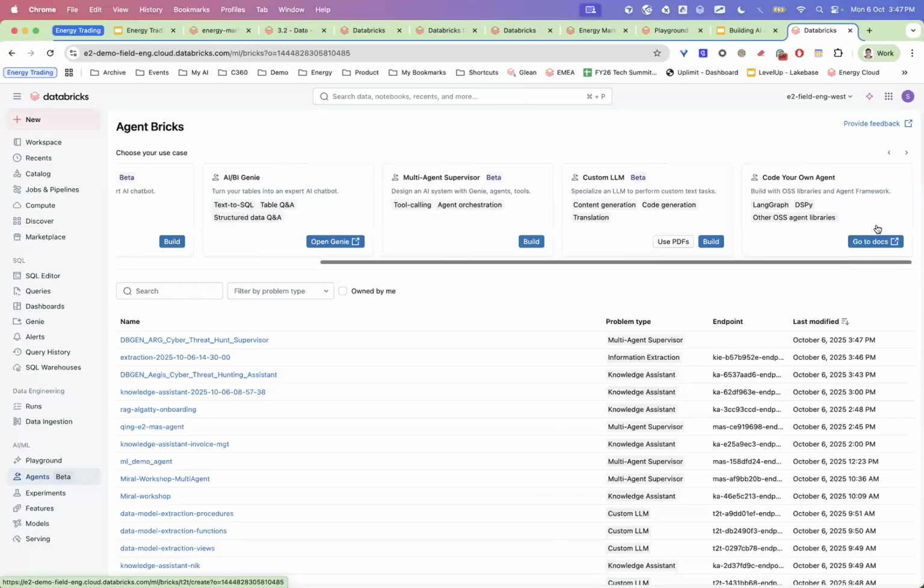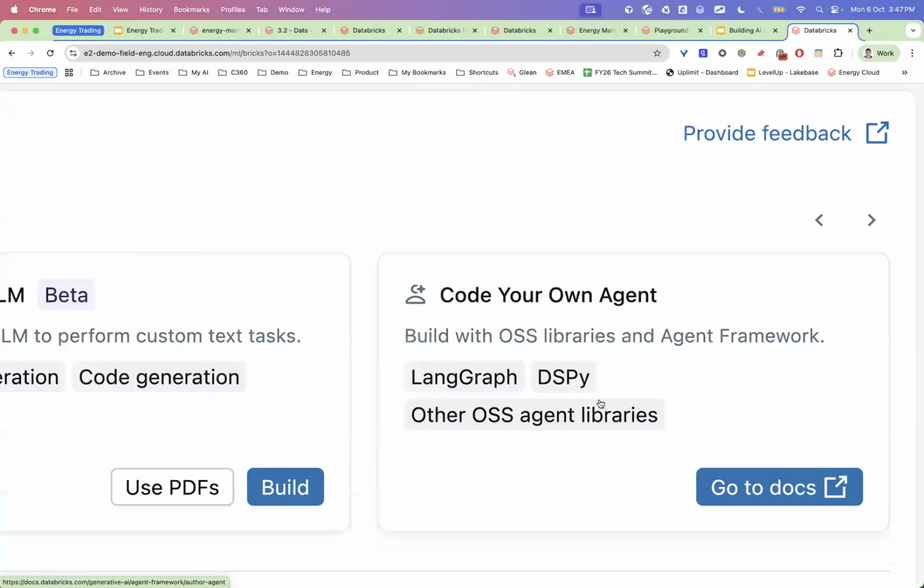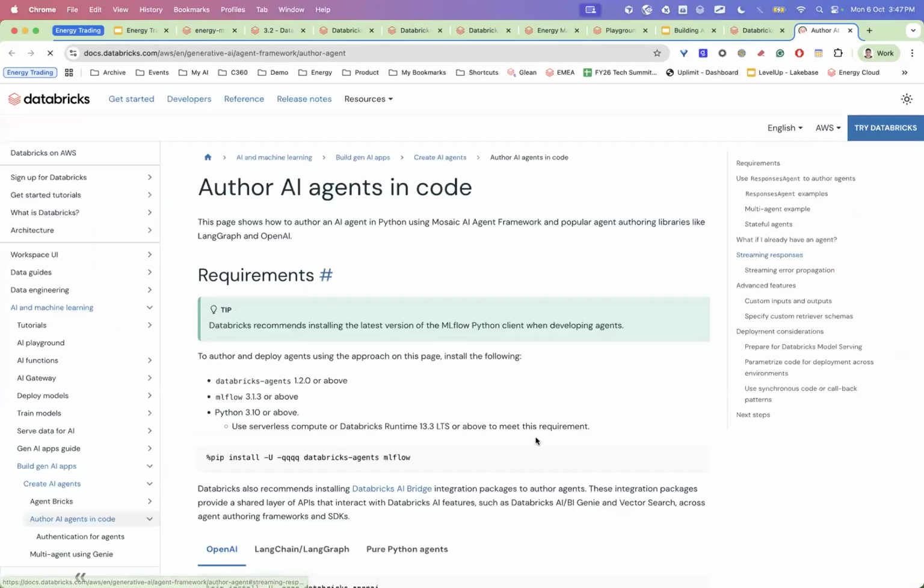And we also have code your agent, using the agent framework, wherein you can build your agent with an open source orchestration, say CrewAI or LangChain and all of these. So we have quite a broad support.